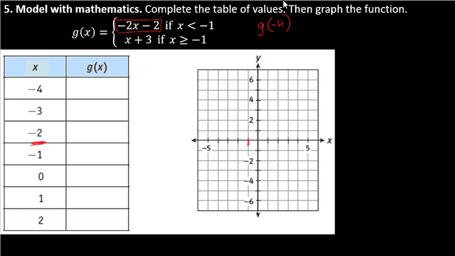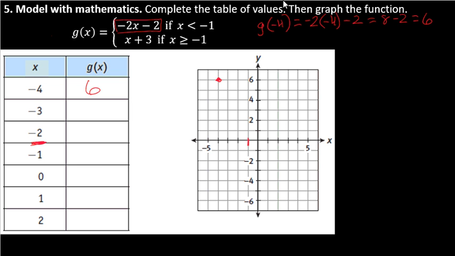So negative 2x minus 2, and that is going to give me 8 minus 2, which is 6. So that is just 6. So we have negative 4, 6 right here.